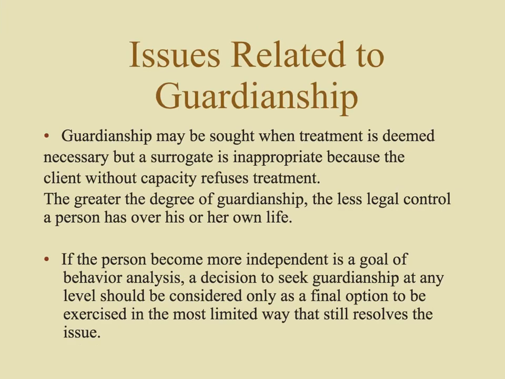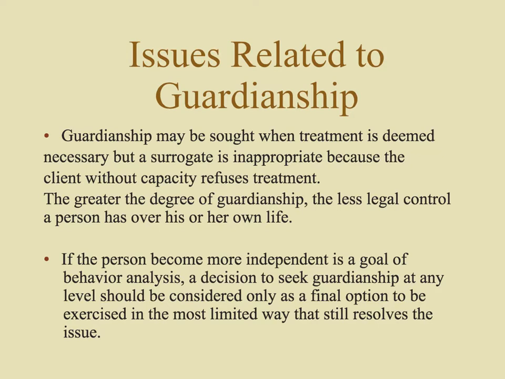So guardianship may be sought when treatment is deemed necessary. The greater the degree of guardianship, the less legal control a person has over his or her own life. So in surrogacy, it may be more like you're having a surrogate make decisions at maybe an annual meeting. But in guardianship, they're really making those day-to-day decisions about the client as well.